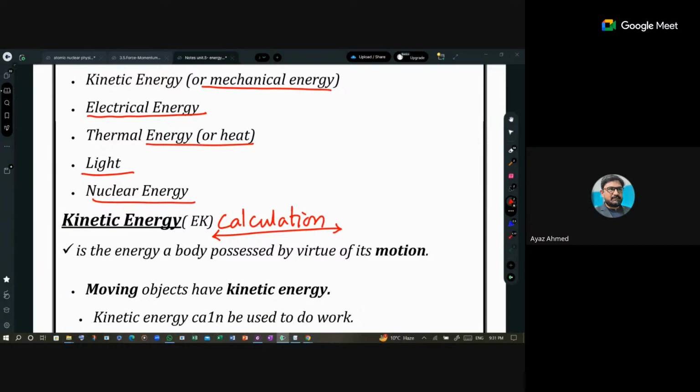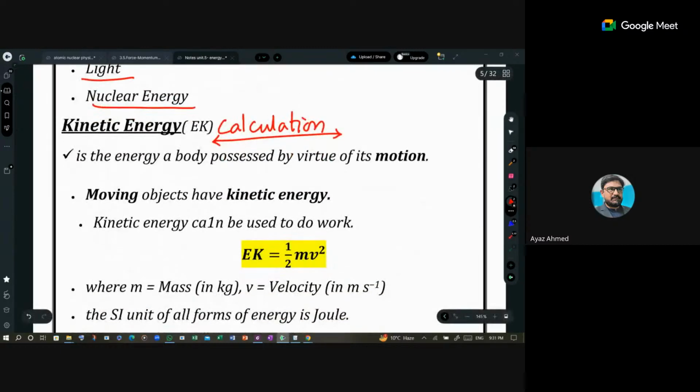Here there is a simple concept of kinetic energy. Is it clear to you? So what is kinetic energy? I told you it is the energy possessed by a body due to its motion. Moving bodies, moving objects have kinetic energy.